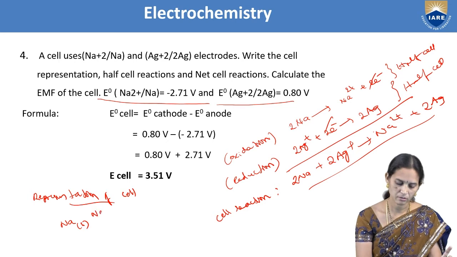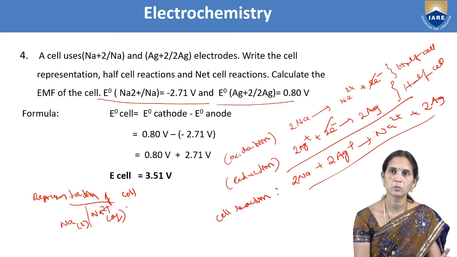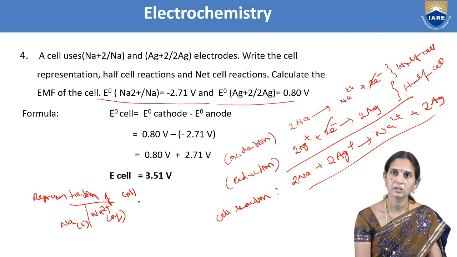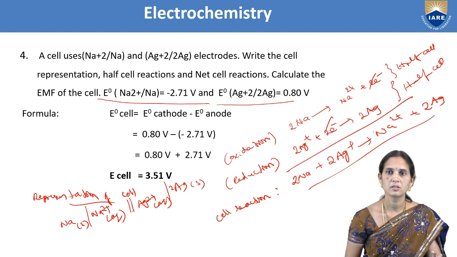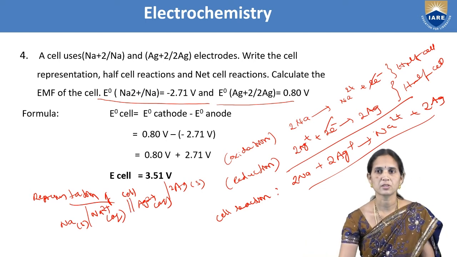Then we will write the electrolyte, Na+. Then on the cathode side we will write the electrolyte, then the silver electrode, separated with a slash. These two are combined with the salt bridge. This is the cell representation.